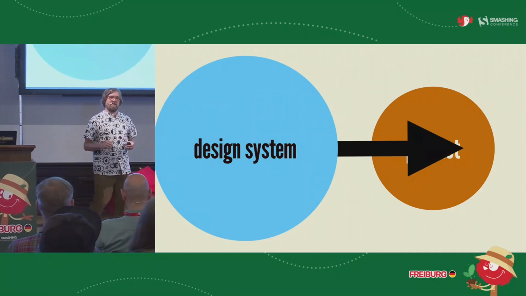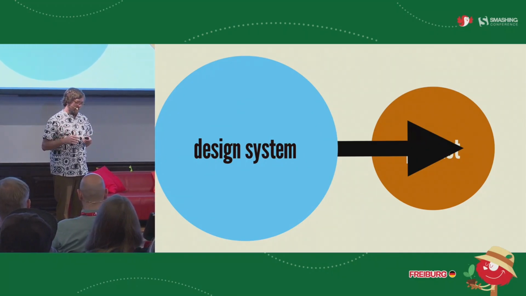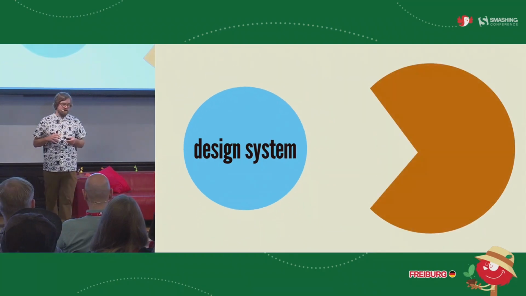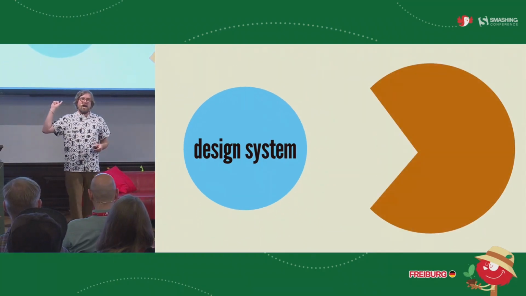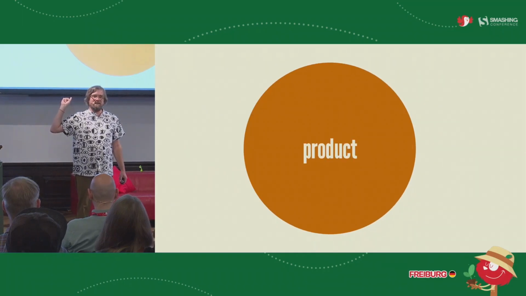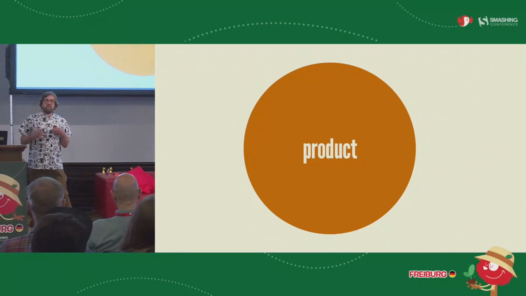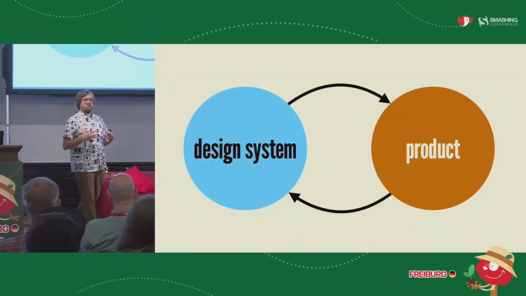You can't do that. Verboten, right? So that's one dynamic. And then the other not-happy Pac-Man rule is that the product just absorbs and eats the design system, right? So this is a really tricky balance to get right.